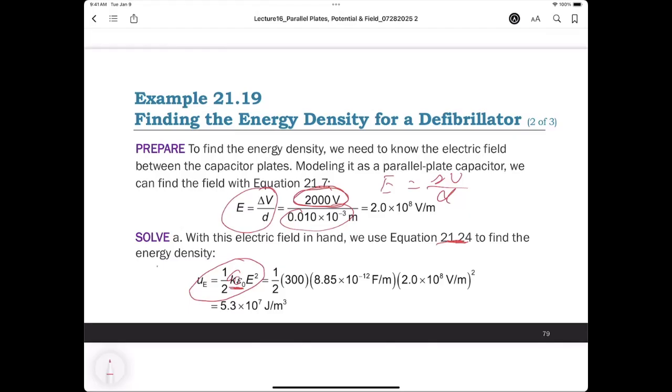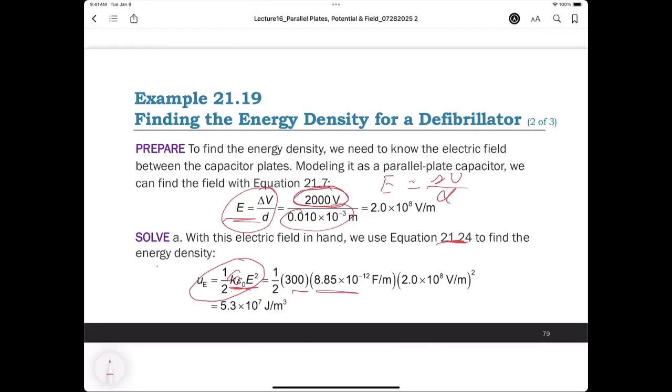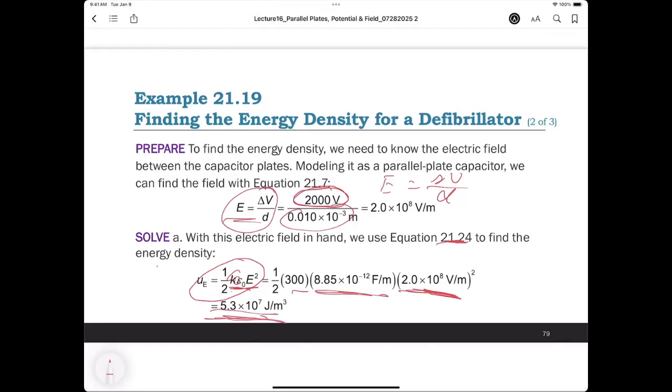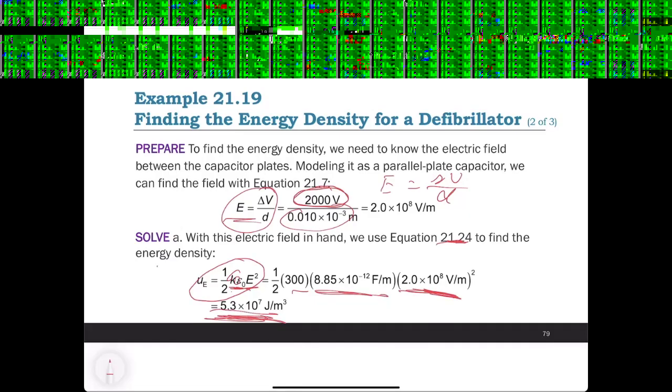Those two are constant, and this is what we have already got. And the K is 300. We know that. And this is another constant, and this is what we calculated, the final energy density: 5.3 times 10 to the power 7 J per cubic meter.